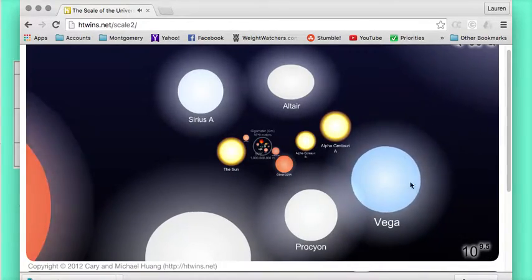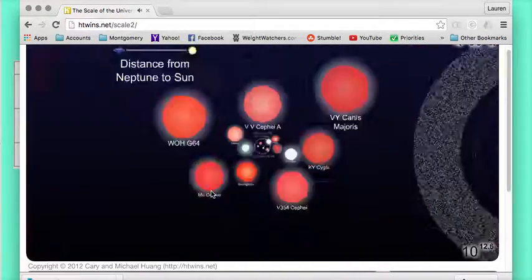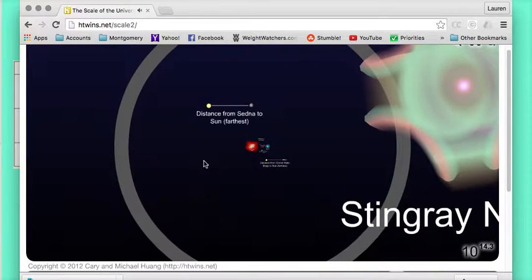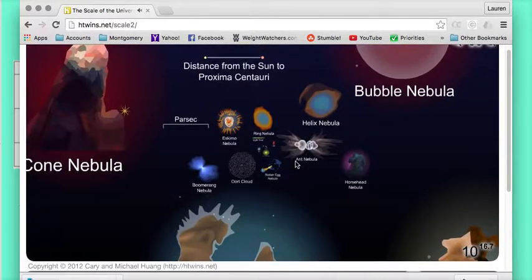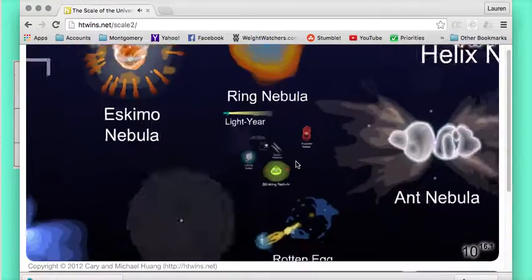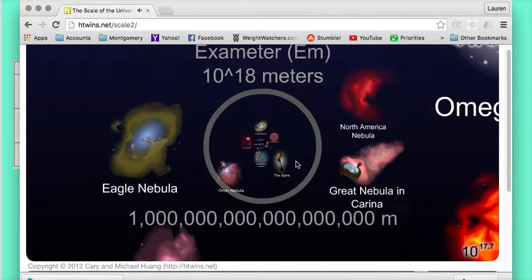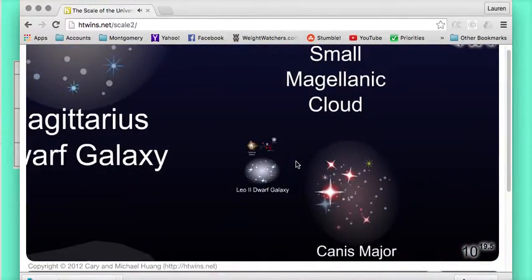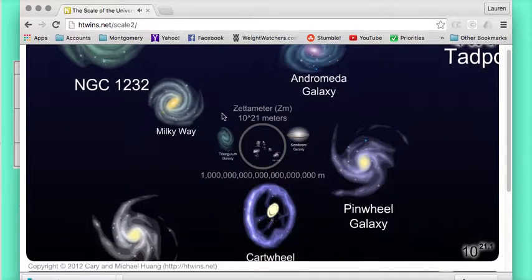At 10 to the 9th, we're the size of stars. At 10 to the 14th, we're at the size of nebulas. And the farther out we go, the bigger the difference is, the bigger the nebulas get, until we're at the size of galaxies and constellations. You can see the Milky Way galaxy here at 10 to the 21 meters.